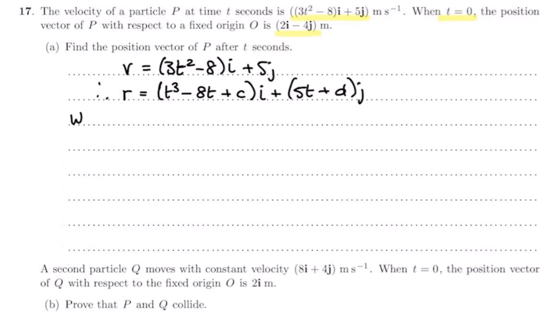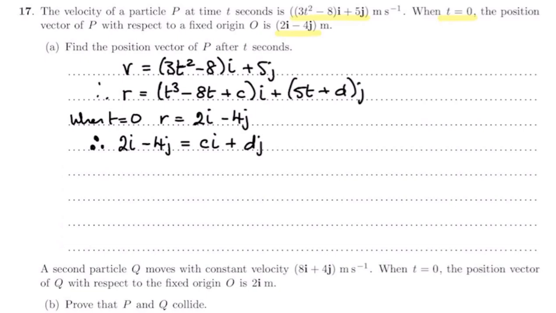And we're told when t equals 0, r is 2i minus 4j. This should be beginning to start being very samey. So therefore 2i minus 4j equals ci plus dj. So you put t as 0, any term with t disappears.